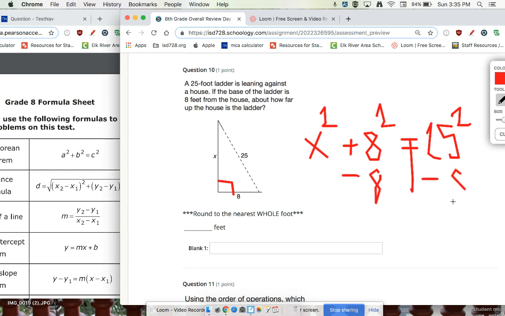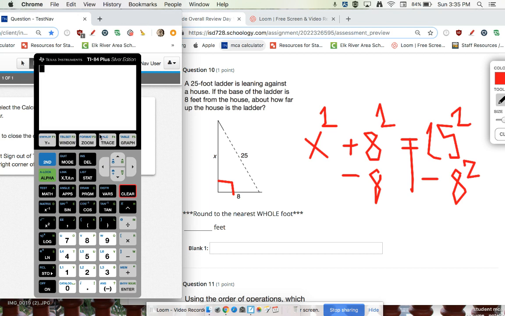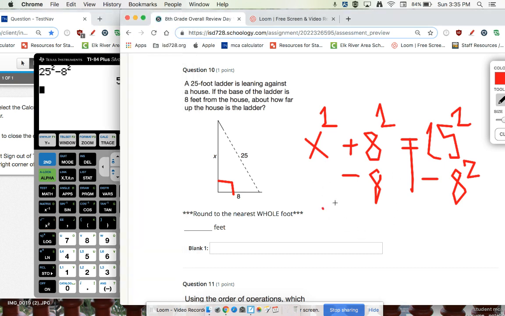And I'll show you how I type that into the calculator. I'm going to go calculator, and I'm going to go 25. There's the square button. Take away 8 squared. The calculator is going to do order of operations, so it's going to square them and then subtract them, and that is 561. So I have x squared is 561.